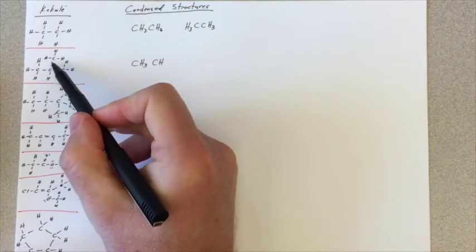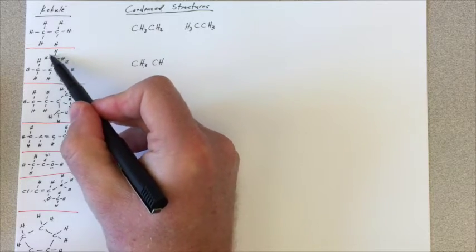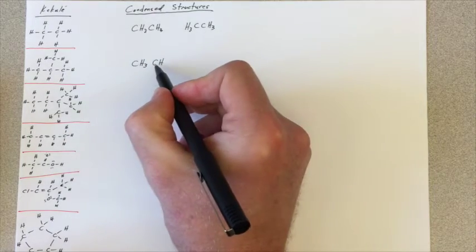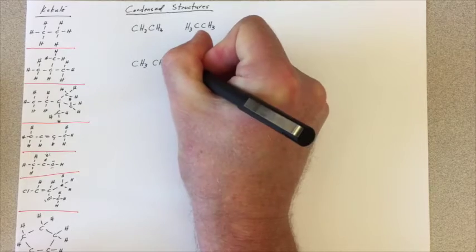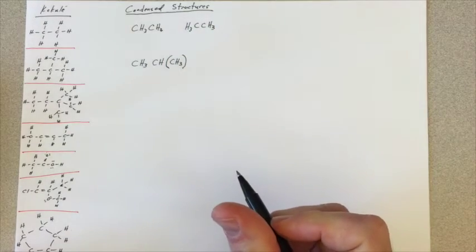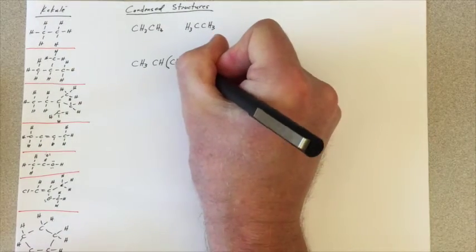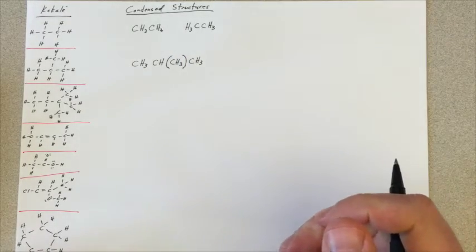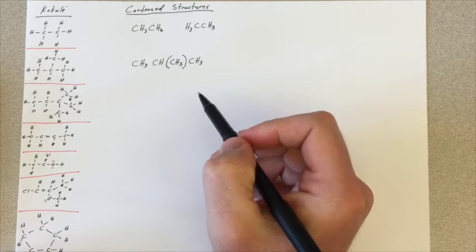Now, coming off of that in a branch, I'm going to define this CH3 unit, and in order to designate that it's coming off of this one in a branch pattern, one option you have is to put it in parentheses, CH3. And then finally, we have another CH3 at the end. This is just a fine way of showing this branching by indicating it with parentheses.